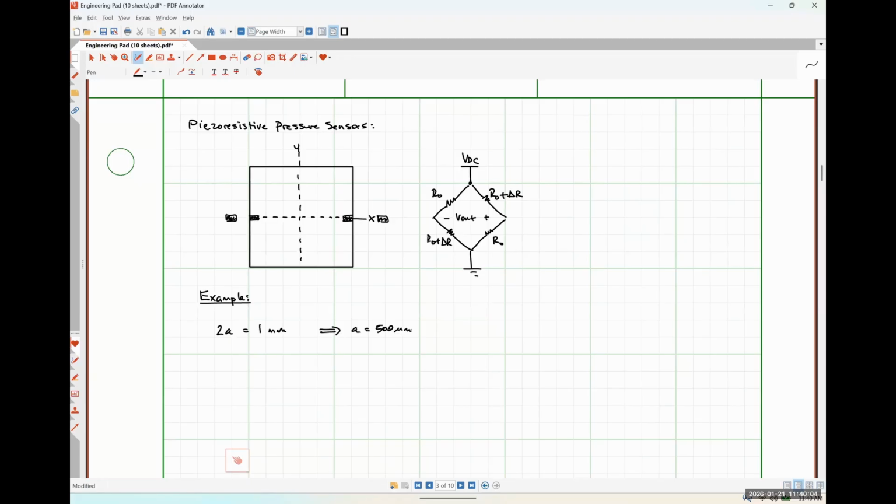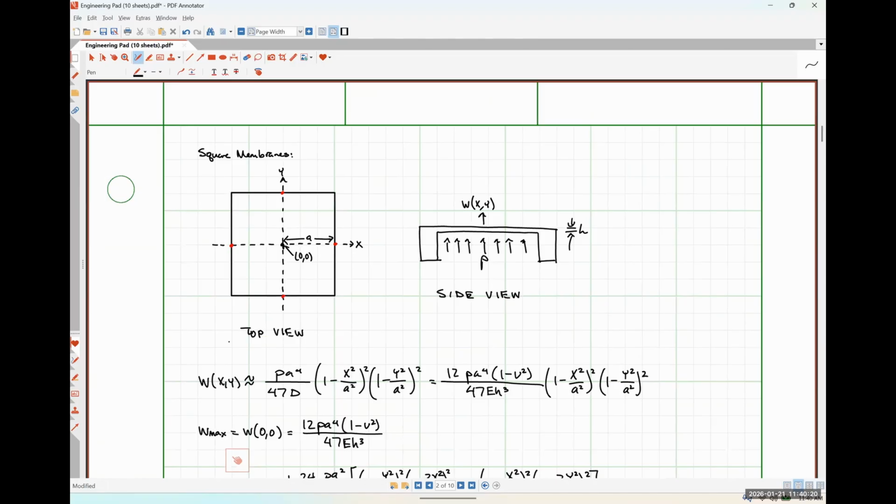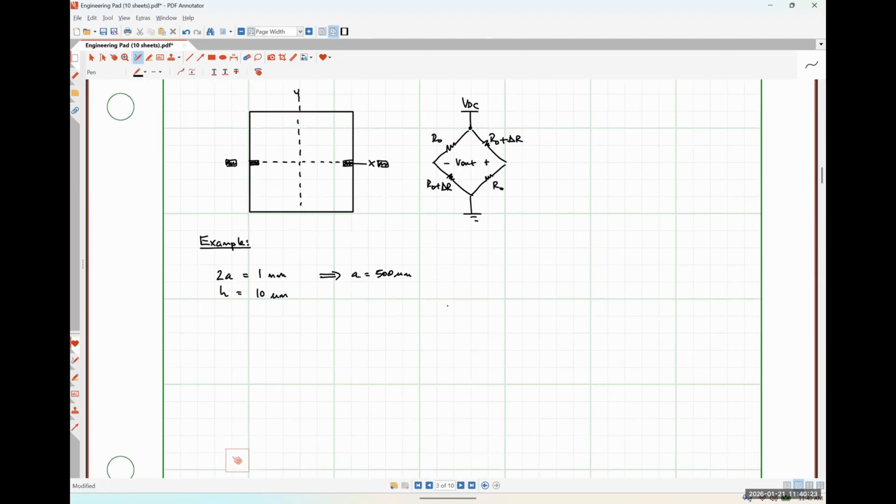Our diaphragm has a thickness H of 10 microns. If our diaphragm is made of 110 single crystalline silicon, then, sorry, I didn't mean to scroll that far. So I'm just going to put 110 single crystalline silicon, which has the following properties. So Young's modulus is 170 gigapascals, Poisson's ratio 0.06.